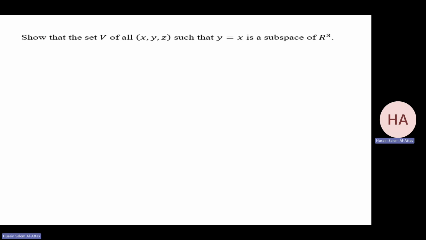Okay, let me do the examples now. This one said show that the set. For sure, in the exam, we will not tell you to show that. Then he said, I have the set V of X, Y, Z such that Y equals X. So I have this collection of elements where the first component and the second component are the same.